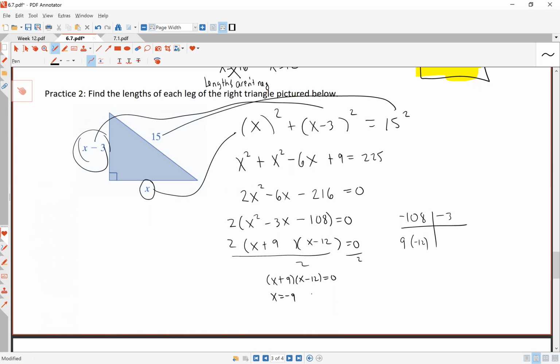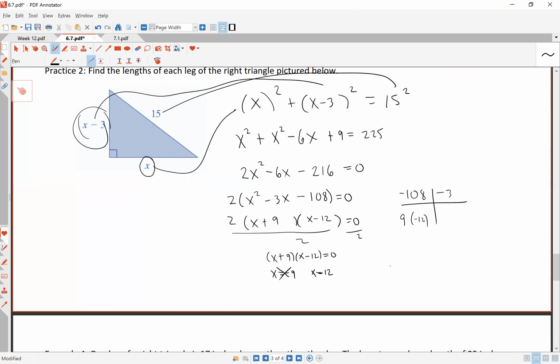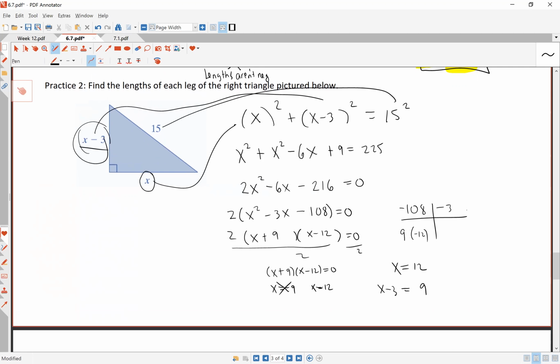So the first one's negative 9 and the second one's 12. Negative lengths are extraneous. They don't mean anything. And so if one of the legs is 12, the other one is 12 minus 3, which is 9. So our legs are 9 and 12.